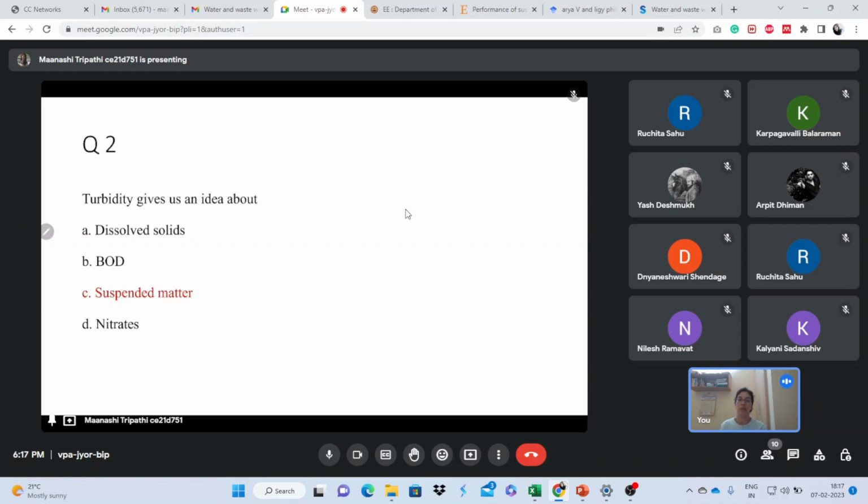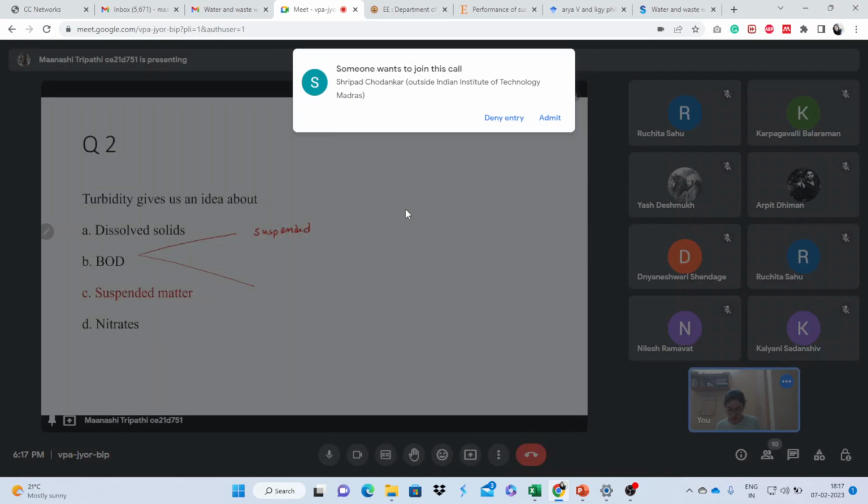Coming to BOD. BOD, we can say, is of two types. BOD means biochemical oxygen demand. It represents the amount of organic matter present in the water body. BOD can be suspended and it can be dissolved.